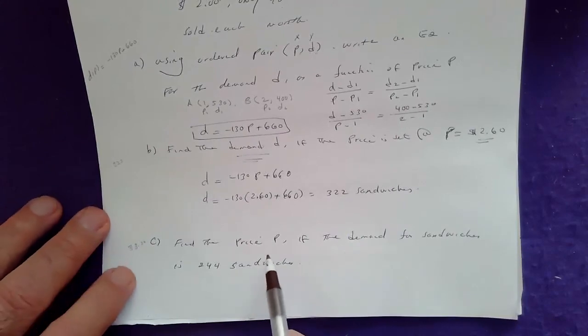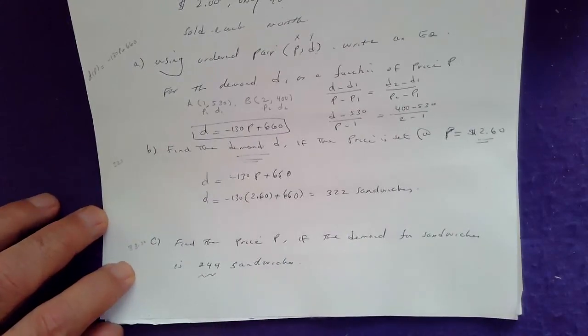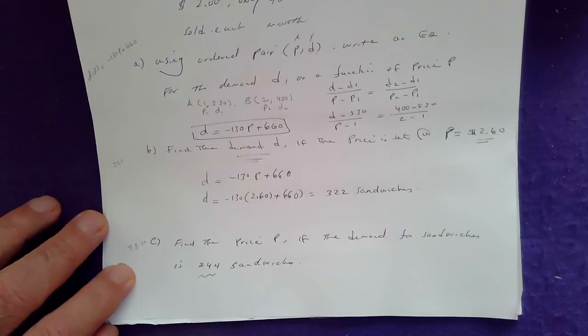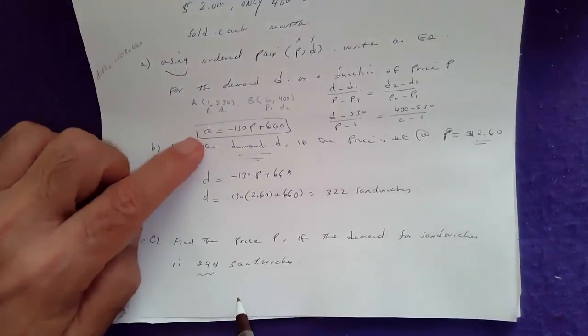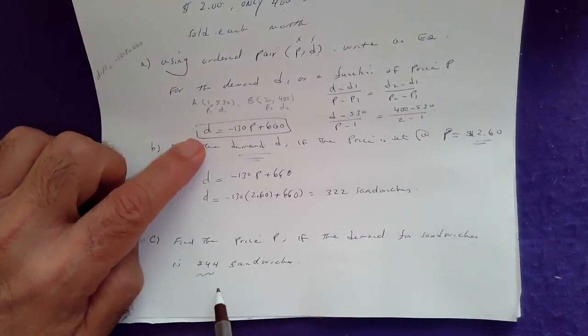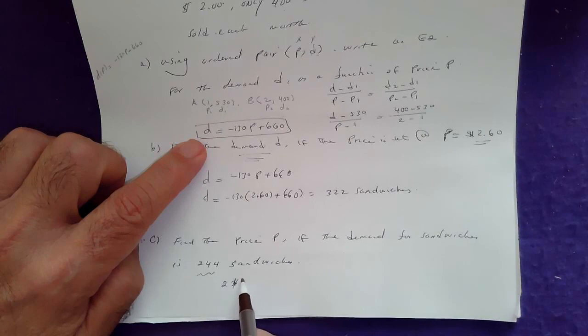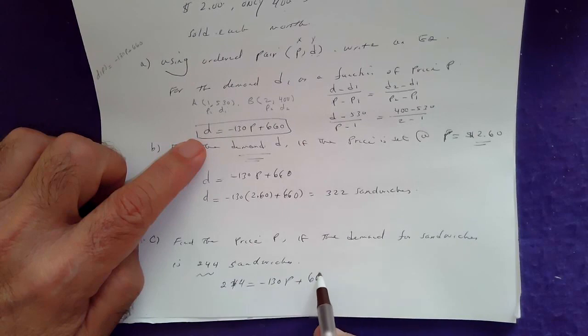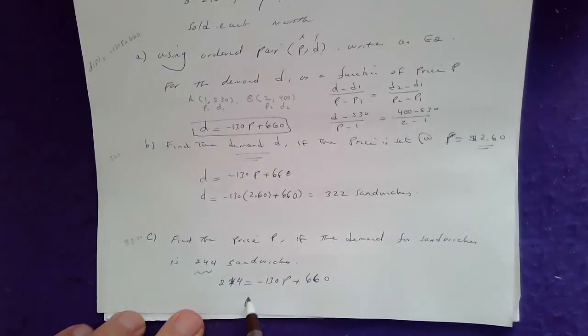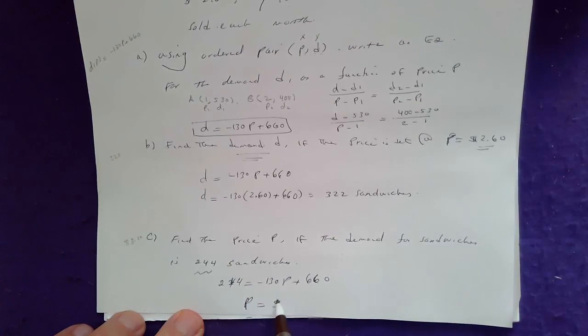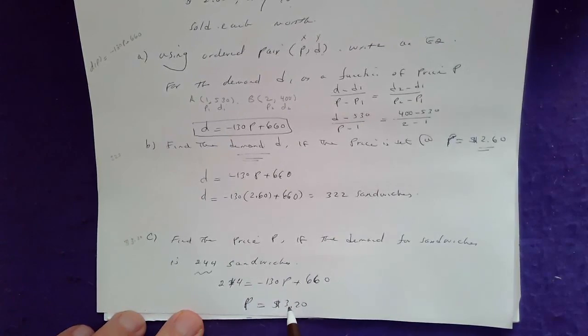The other part is, what would be the price if you are hoping 244 people buy the sandwiches? So this is demand, P is missing. So go back to this equation, and replace the D with 244, and solve this equation for P. If you solve the equation for P, P comes up to $3.20.